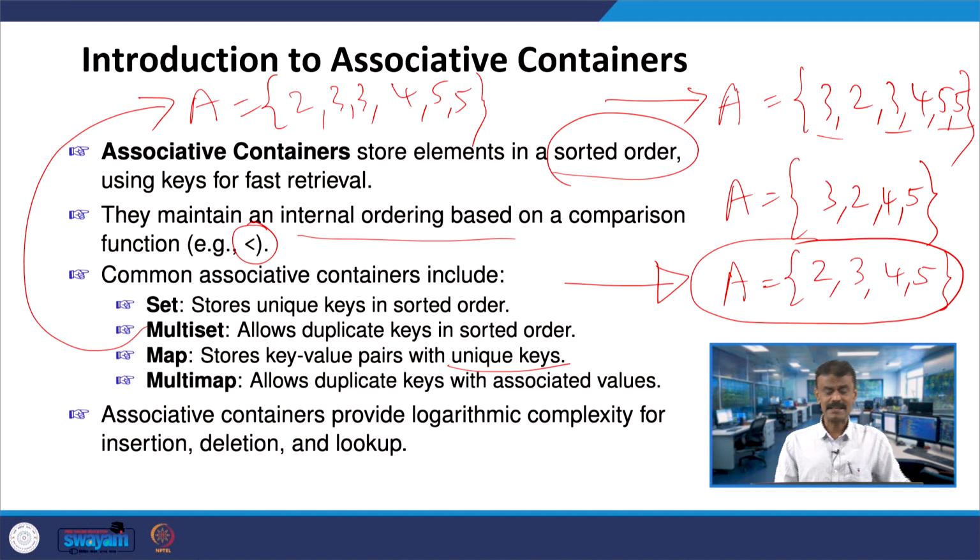So, when I am using associative containers, what is the advantage? I can do dictionary operations like insertion, deletion, lookup, etc. in logarithmic complexity.